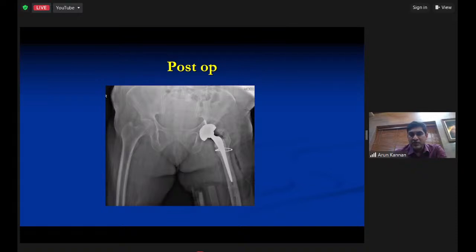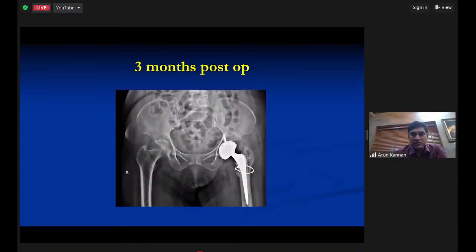Instead of doing an uncemented revision that would require an ETO to take out all the cement, we did a cement in cement revision. It was a fairly recently cemented stem, so the cement mantle was good. I did a cement in cement revision and a dual mobility socket for this lady, and she continues to do well. This was 3 months post-op, and she's been stable since.